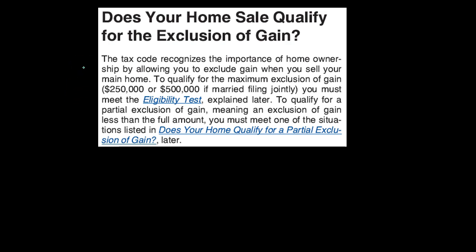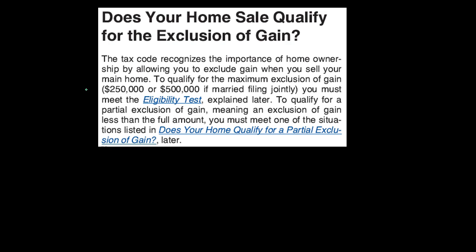Back to the text. The tax code recognizes the importance of home ownership by allowing you to exclude gain when you sell your main home. To qualify for the maximum exclusion of gain, $250,000 or $500,000 if married filing jointly, you must meet the eligibility test explained later.